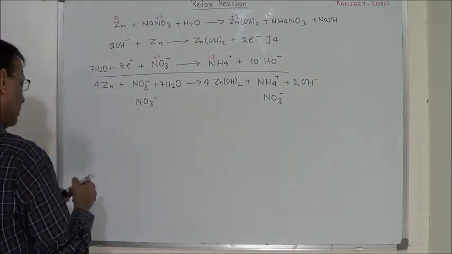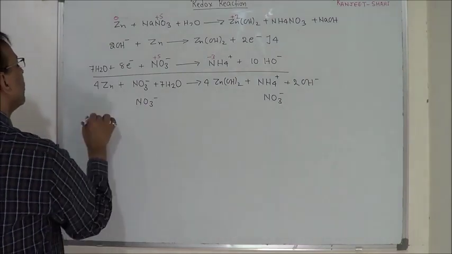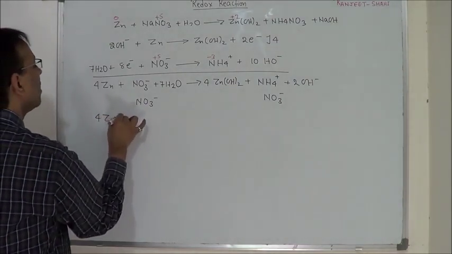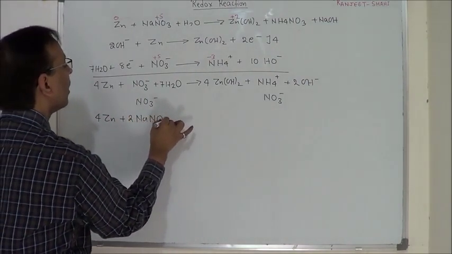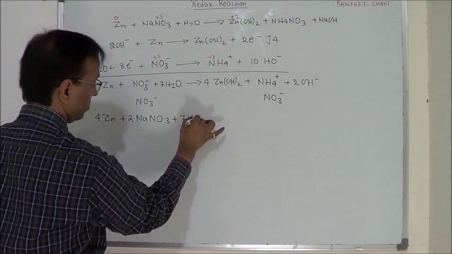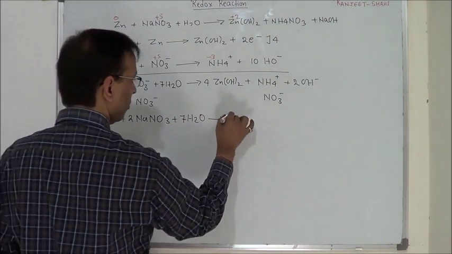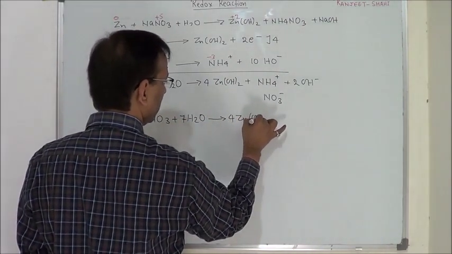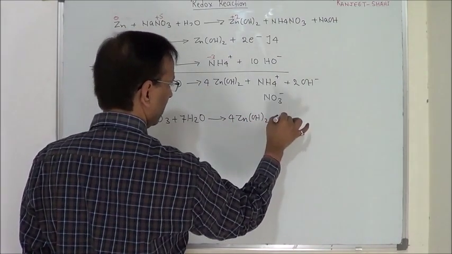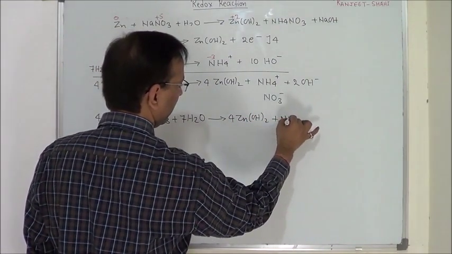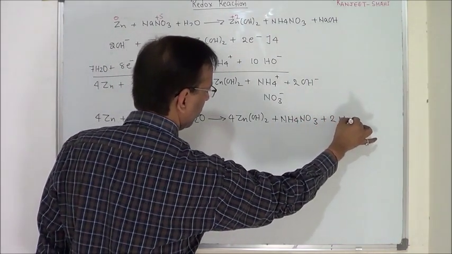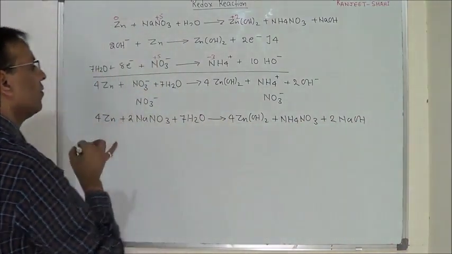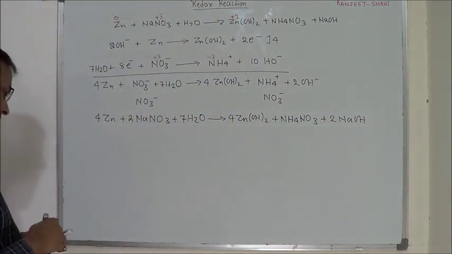So now we add this to obtain the redox reaction. So 4 zinc, 2 nitrate will be written 2NaNO3, 7H2O giving 4 Zn(OH)2 plus ammonium nitrate plus 2NaOH, and now it is a perfectly balanced redox reaction in basic medium.